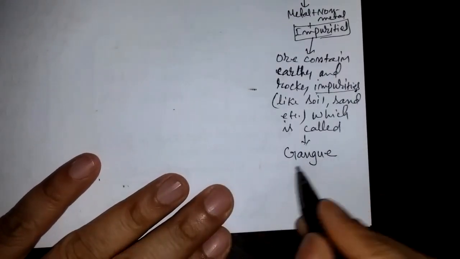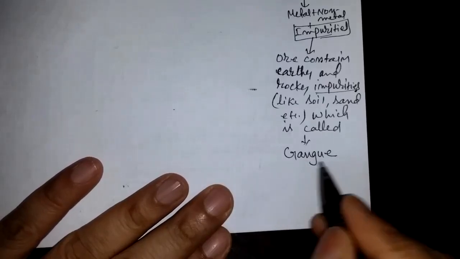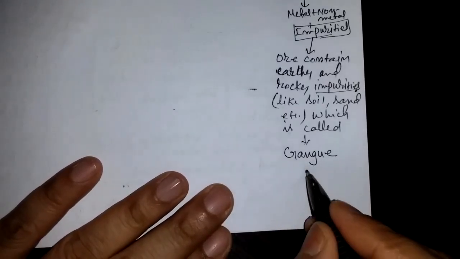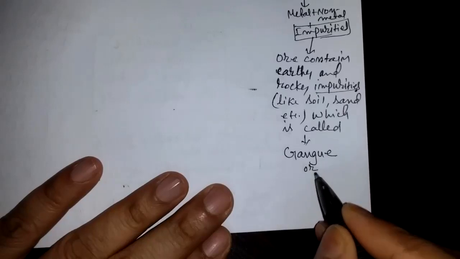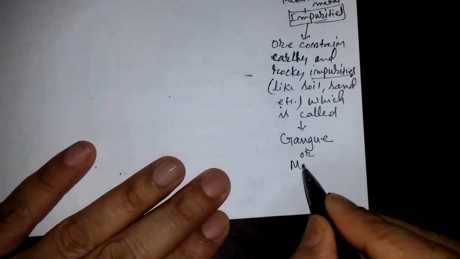For the spelling you might pronounce it one way, but it is pronounced as gangue. Gangue has another name, not in our textbook, but in other textbooks it is also called matrix.